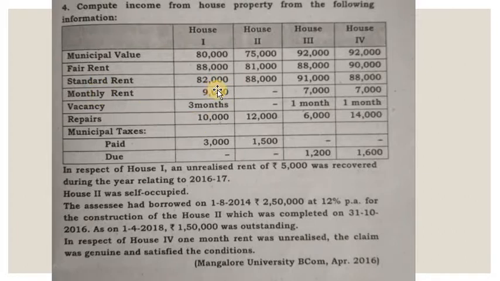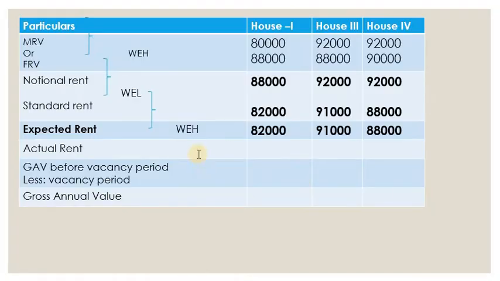For this house it is 9,000. For the third house it is 7,000. But there is unrealized rent in respect of the fourth house. So 1 month is vacancy plus 1 month is unrealized, so that we have to deduct. First we will write for the first house 9,000 into 12.